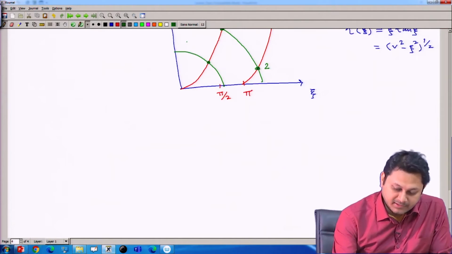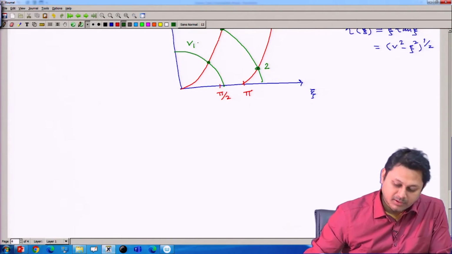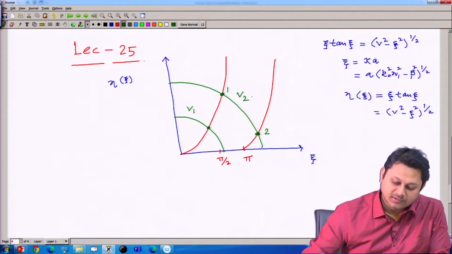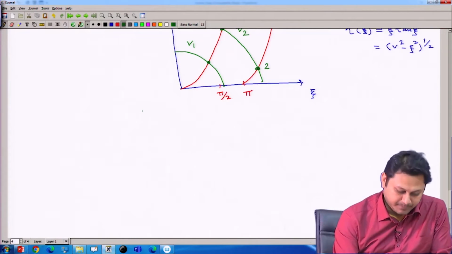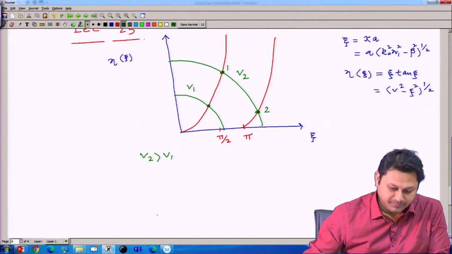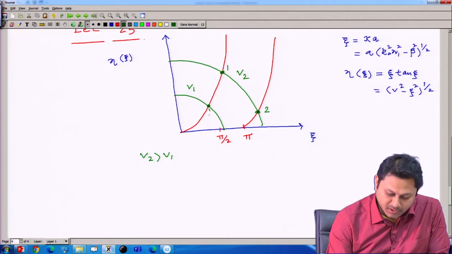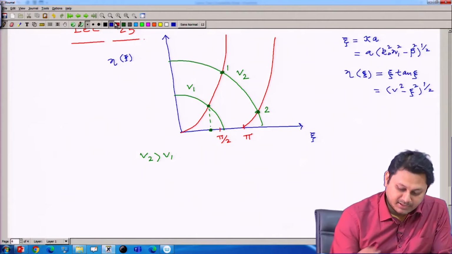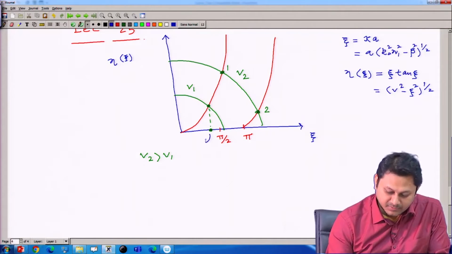This is my say v 1, and this is another value of v which is more than v 1. So, my v 2 is greater than v 1, which corresponds to two solutions. In one case I have one solution in terms of xi, and we already found that this solution can be written in terms of beta as well. So, this is my say beta 1.